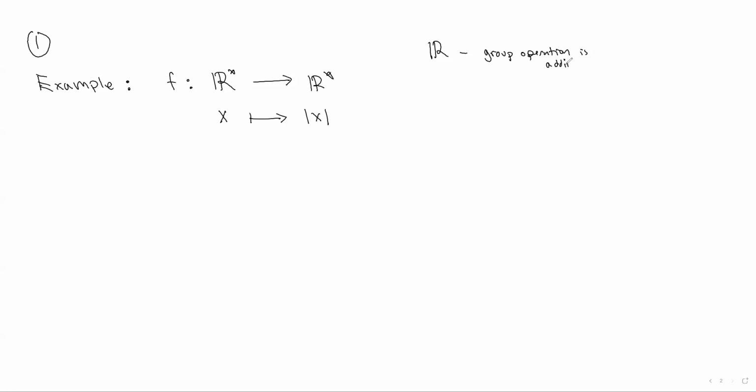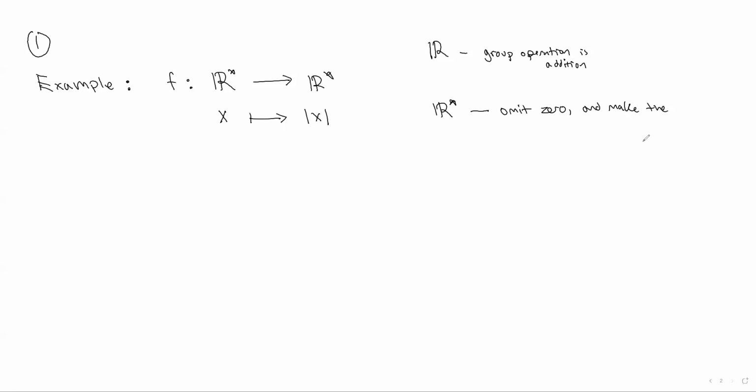So first, an example. The map F from R star to R star again, sending X to the absolute value of X. Note that R means the group operation is addition, whereas R star means you omit 0 and make the group operation multiplication.